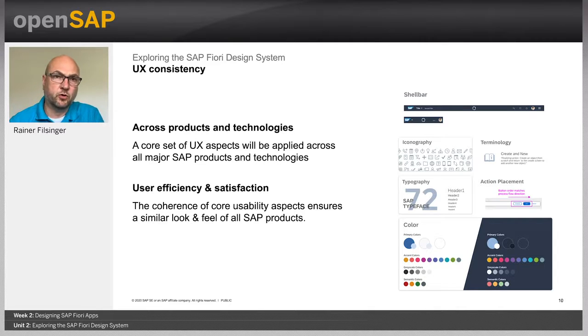Basically, it's all about recognition. We will be using the same colors, typography, iconography, and terminology across all products. UI elements like buttons or form fields look the same and are positioned consistently. These measures will ensure a similar look and feel across all products and applications.